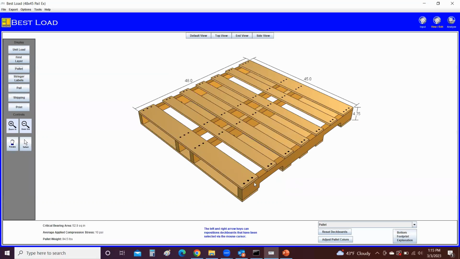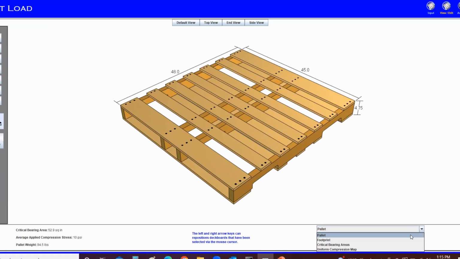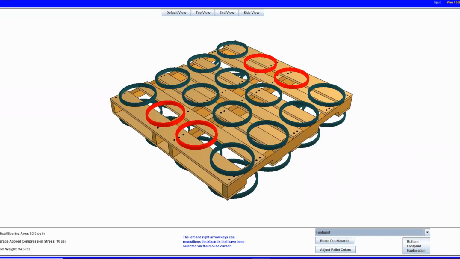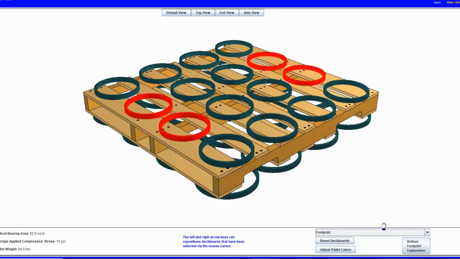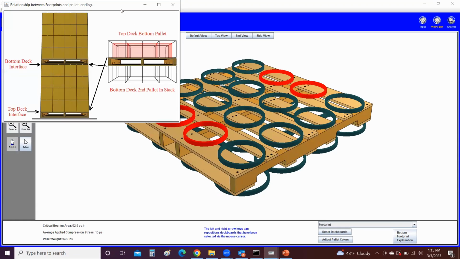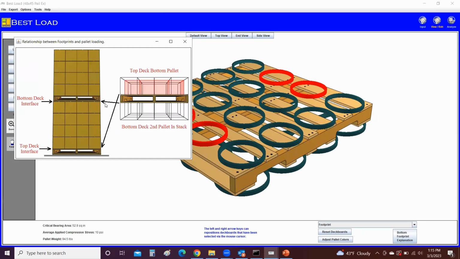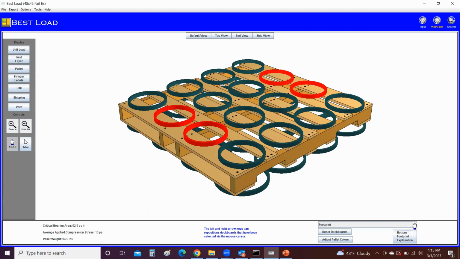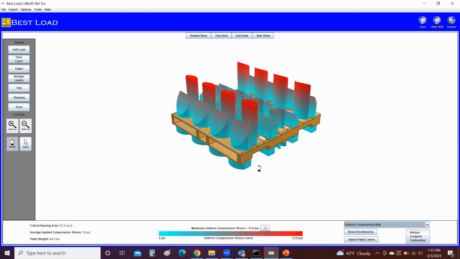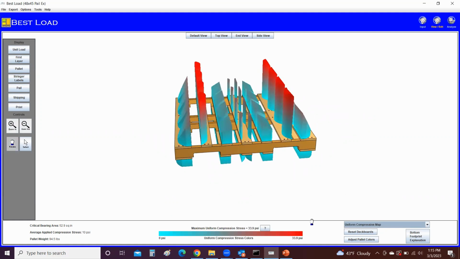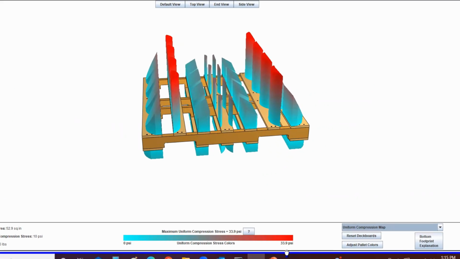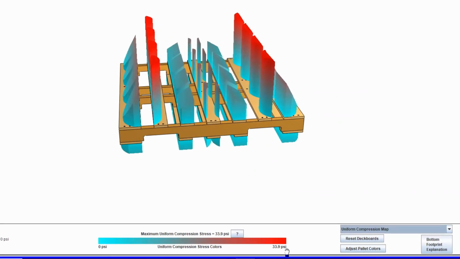If we then move to the interface between the pallet deck and pails, we can understand which pails are under highest stress, considering that 2 interfaces modeling this static stress are presented simultaneously. The uniform compression stress indicates a maximum stress of 34 psi.